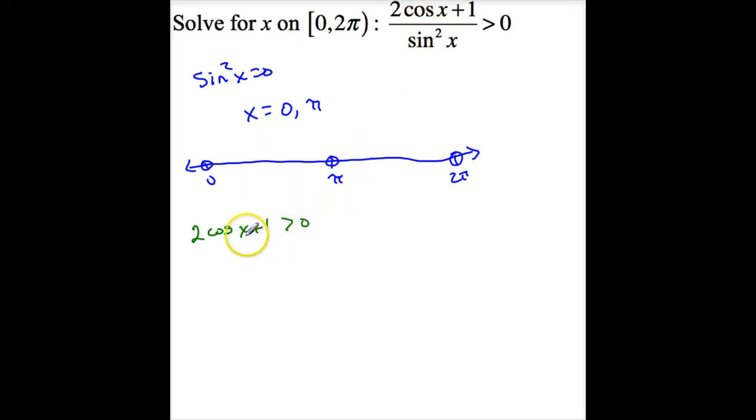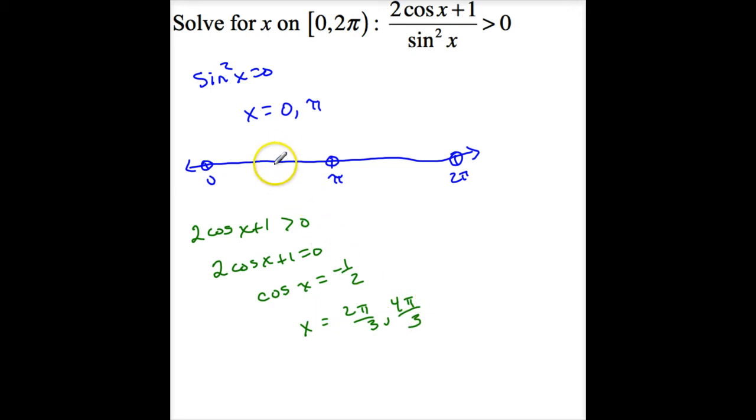So first of all, let's just find out what the zeros are. 2 cosine x plus 1 equals 0 when cosine of x is equal to minus 1/2. So I'm looking at the x values, 2 pi over 3, 4 pi over 3. So I'm going to come over here and put in my 2 pi over 3 and 4 pi over 3.